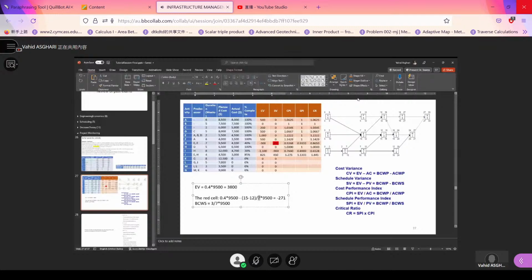So we have basically completed 3/7 of activity G. And how much did we put aside in budget for each week? 1/7 of 9,500. We just find it like this. And for the cost performance, EV over AC, again, you need to understand these formulas.